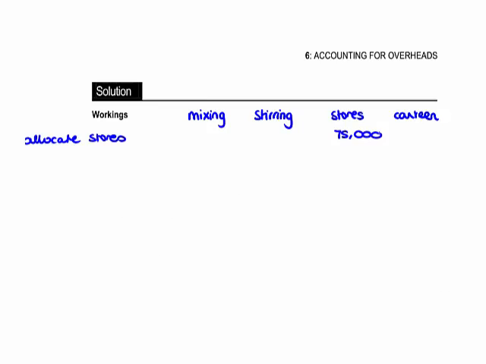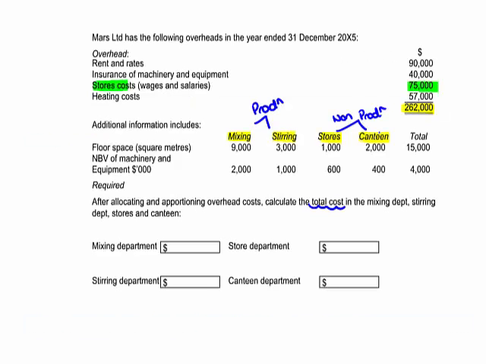The other costs then need to be apportioned, so we need to think about the most appropriate basis for that apportionment. So if we're thinking then about rent and rates, an appropriate basis of apportionment might be the floor space.